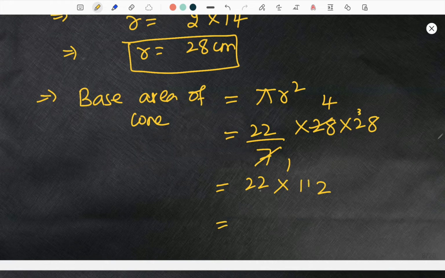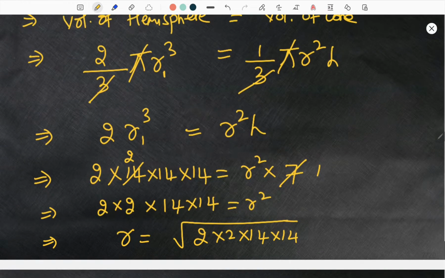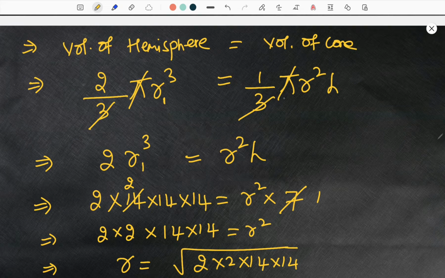Now you can do easy calculation, 22 twos are 44, 4 is the carry, 22 ones are 22, 22 plus 4 is 26, 2 is the carry, 22 ones are 22, 22 plus 2 is 24. Alright, I hope it is clear. So 2464 centimeter square.